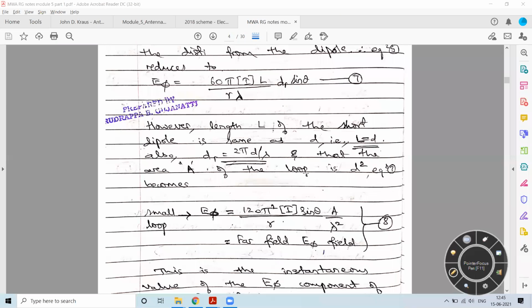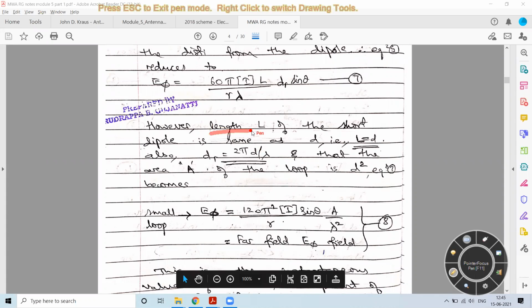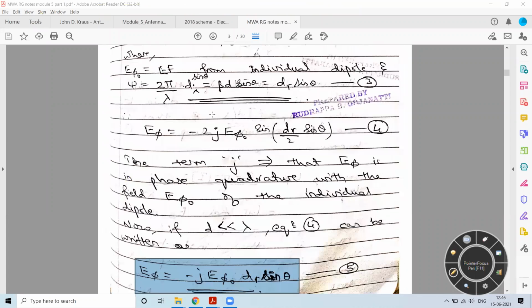Now if we consider the case where the length L of the short dipole is the same as the D value we are considering, D is the distance between the two dipoles.